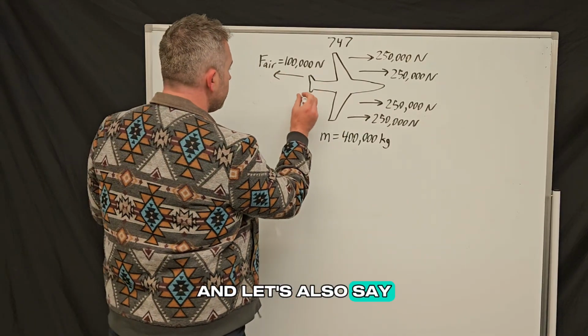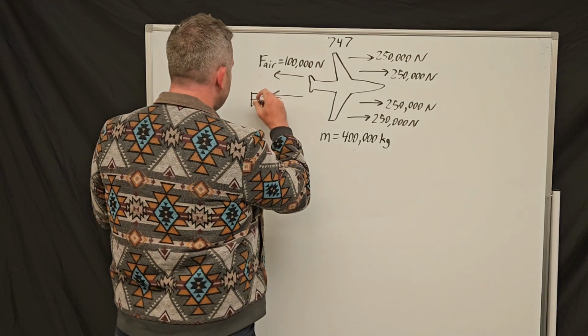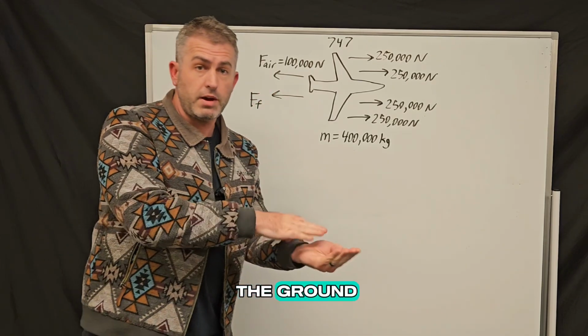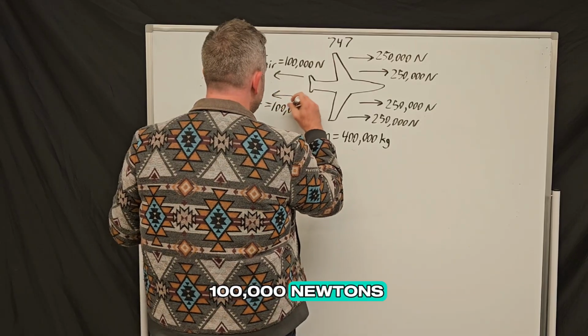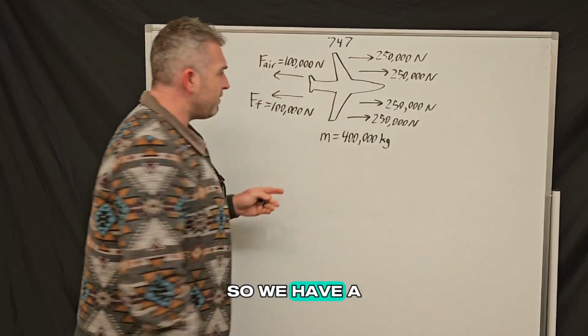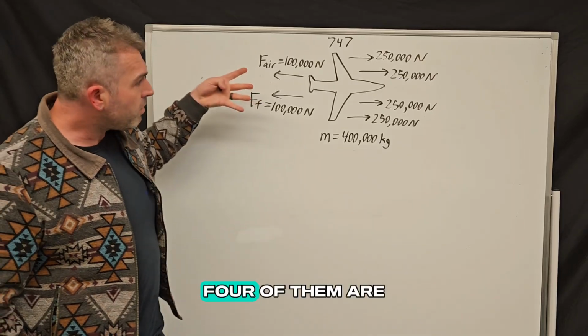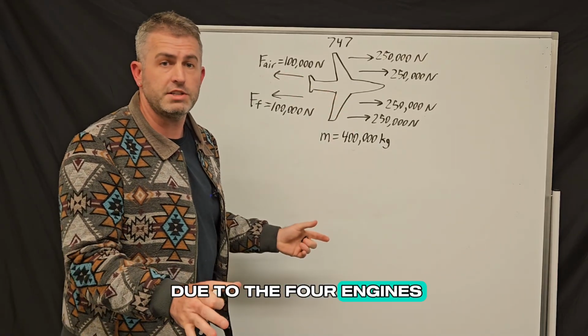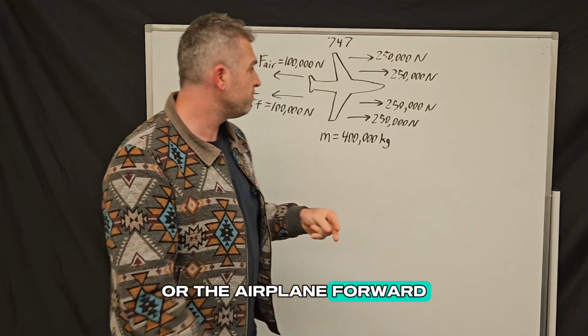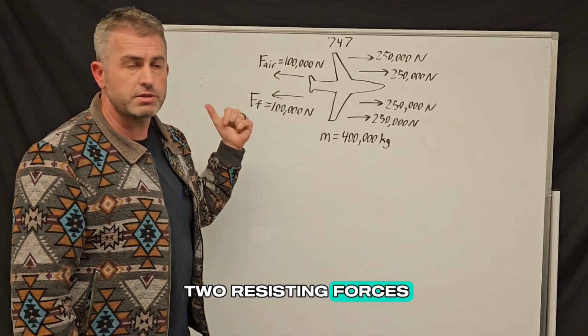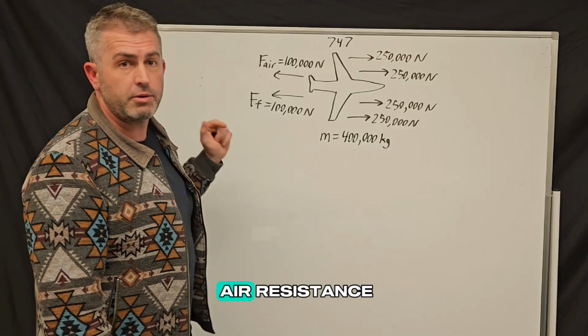And let's also say that the force of friction between the wheels and the ground is also equal to 100,000 newtons. So we have a total of 6 forces. 4 of them are due to the 4 engines producing a thrust that's pushing the airplane forward. And then we have 2 resisting forces due to friction and air resistance.